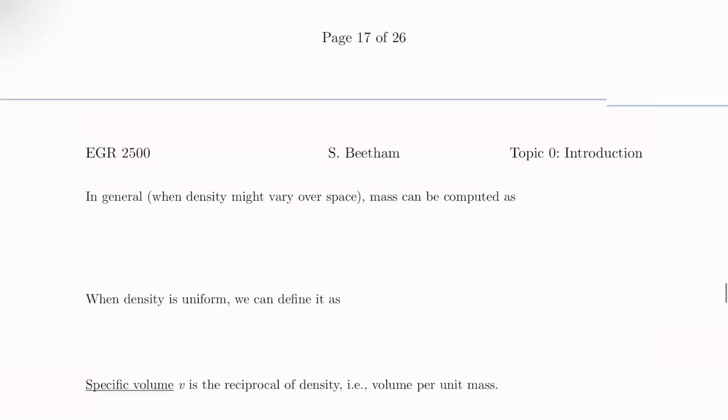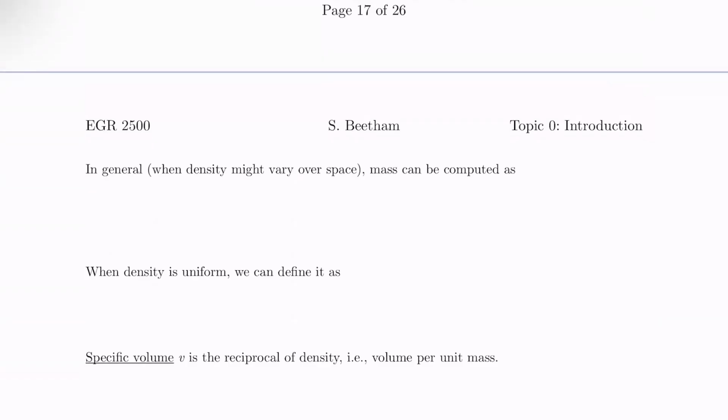And when we're talking about density, technically density could change over space, right? So if that were to happen, we would compute our mass as a volume integral of the density over the whole volume. To write this out a little bit more explicitly, what I mean by that is if we integrate over x, y, and z in Cartesian coordinates, for example, we would have a density that depends on where you are in space.